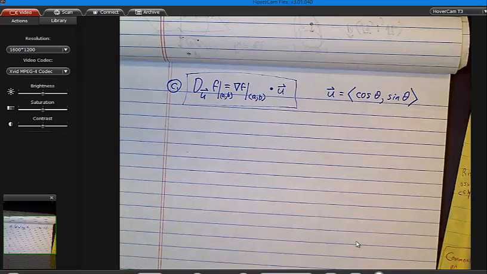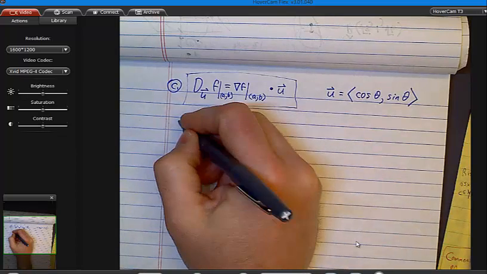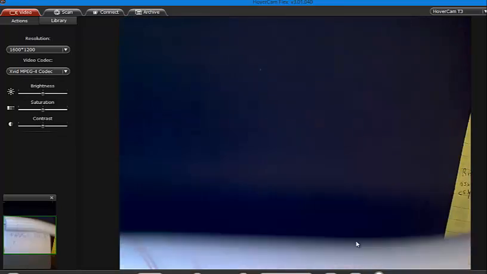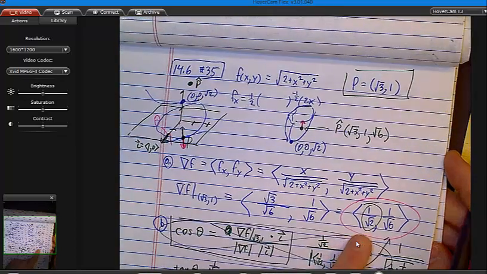So let's see how this all works. Did we compute grad f yet? Yeah, we did in part A. That was this one. At that point, it's 1 over square root of 2, 1 over square root of 6.